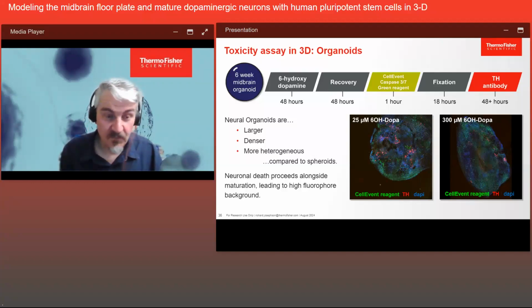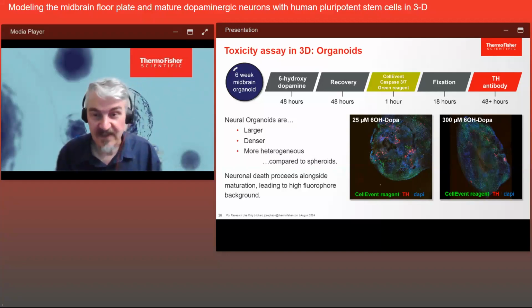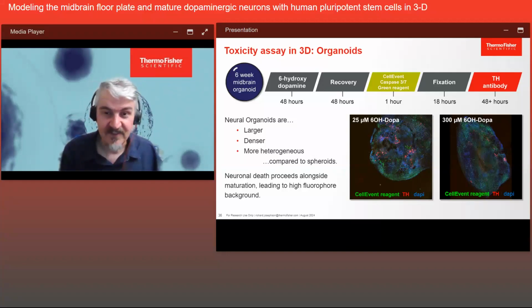That's because, for one thing, in all neuronal cultures, you have cell death that's continually occurring hand in hand with the maturation, particularly among neurons that fail to form synaptic connections. And secondly, organoids are frequently reported to be showing increasing stress during lengthening culture. So both of those factors increase the number of apoptotic cells, even in the untreated organoids.